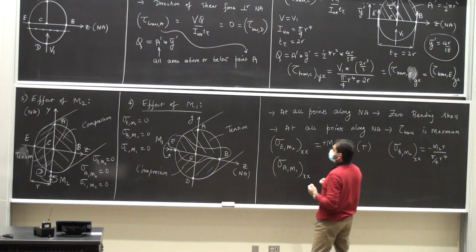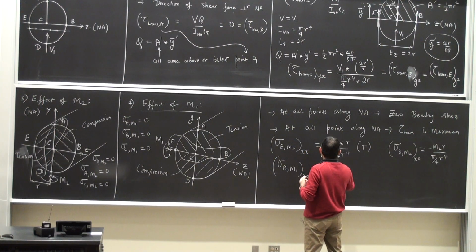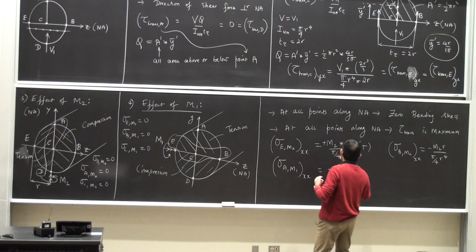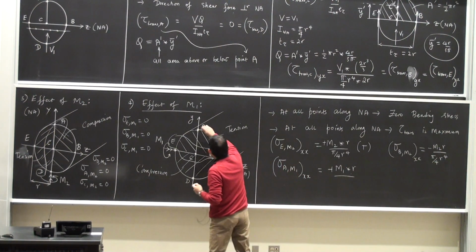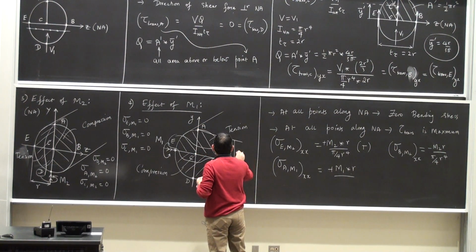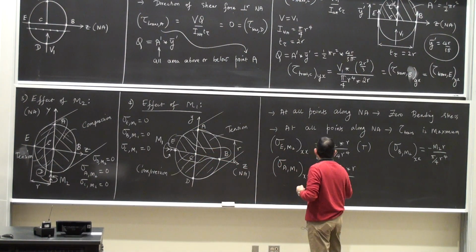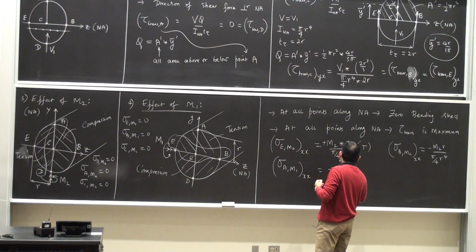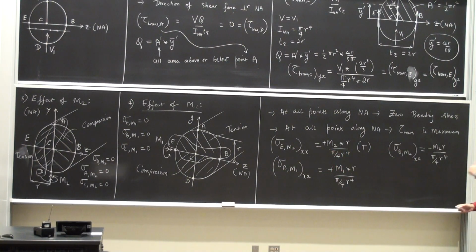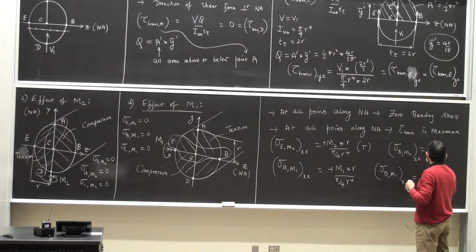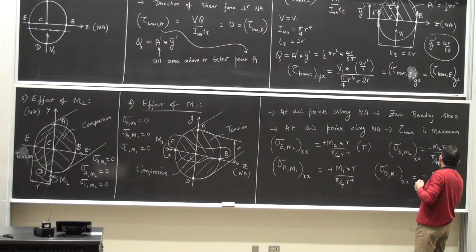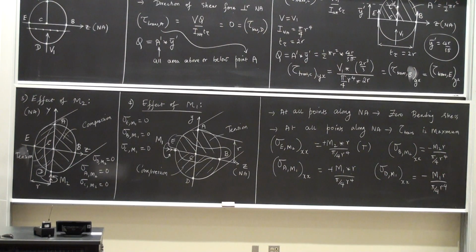This is going to be tensile, so plus M1 times y, where y is the distance from the neutral axis all the way to the point A, divided by pi by 4 r to the power 4. Likewise at D, it is going to be compressive, so minus M1 y over pi by 4 r to the power 4.